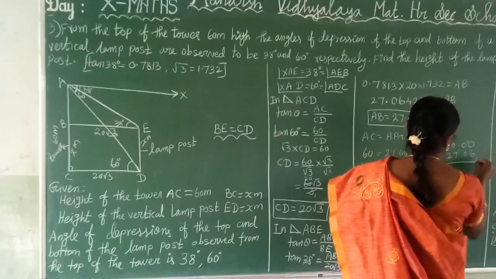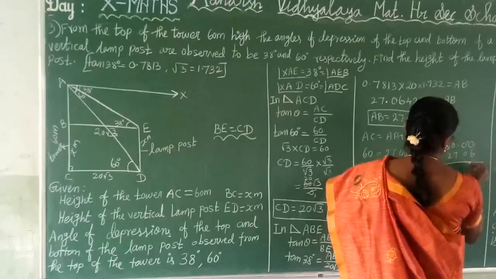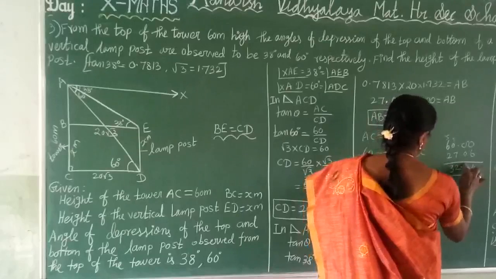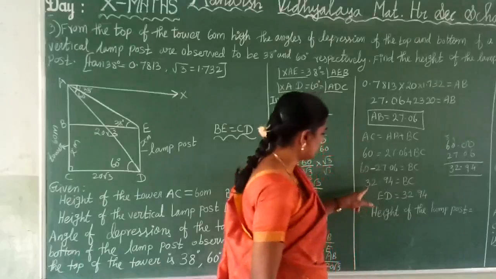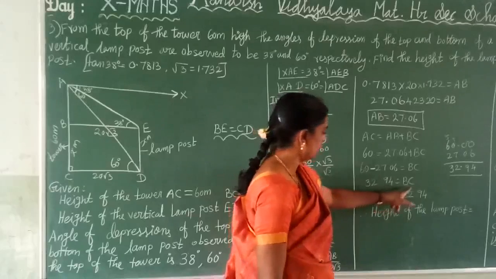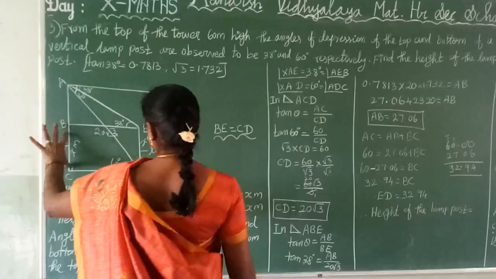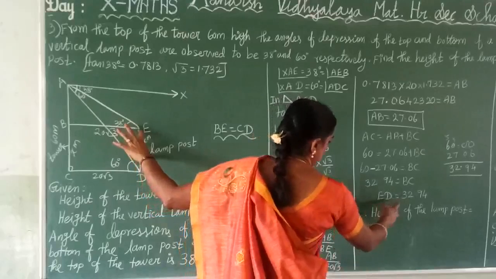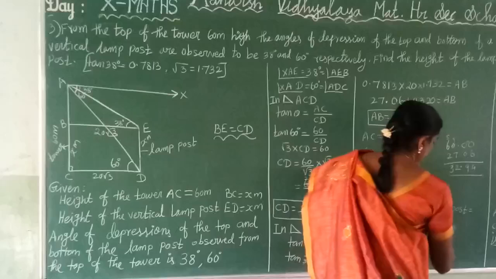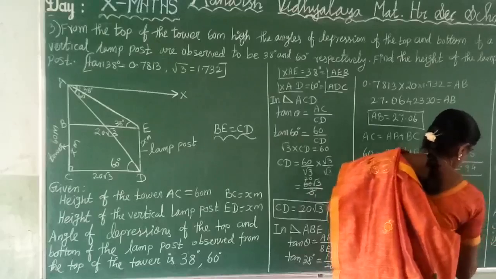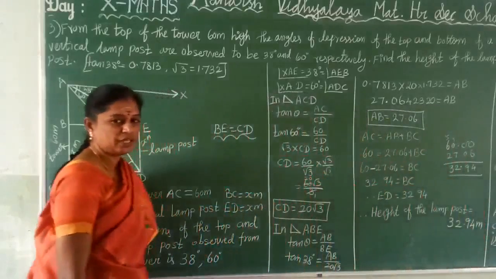Subtract: 10 minus 6 is 4, here 9, 9 minus 7 is 2, 5 minus 2 is 3, 32. So at last BC answer is 32.94. This BC is equal to ED. ED is the height of the lamp post. Therefore the height of the lamp post is 32.94 meter. So the unit is compulsory to write.